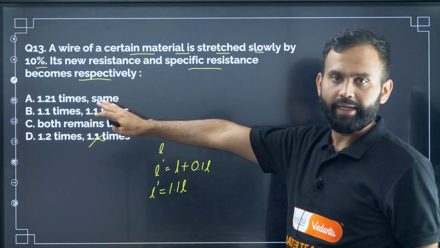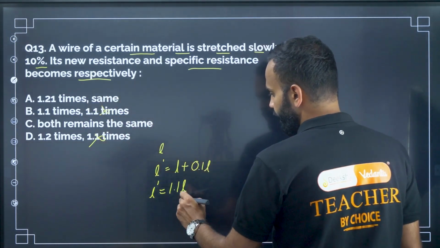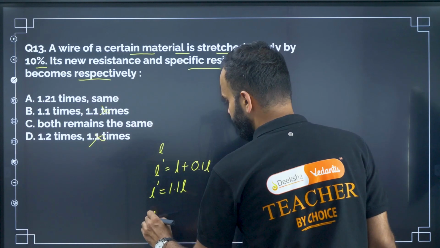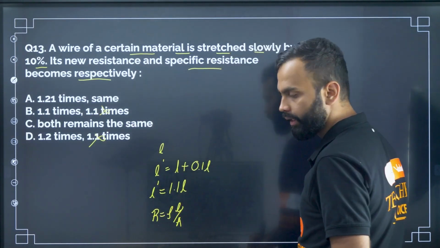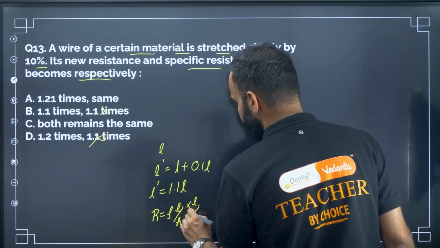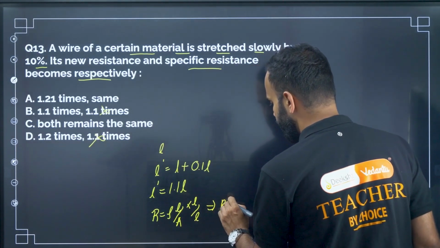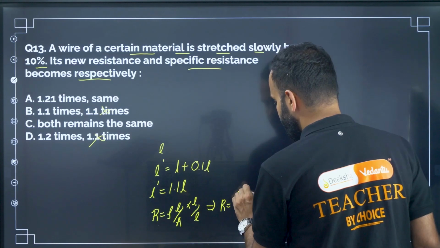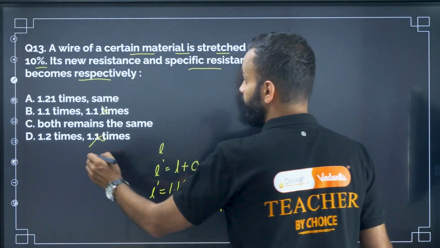Okay, let's find the new resistance. We know that resistance R is equal to rho L by A, right? So now multiply and divide by L. Now resistance R is equal to rho into L square divided by A into L, right?